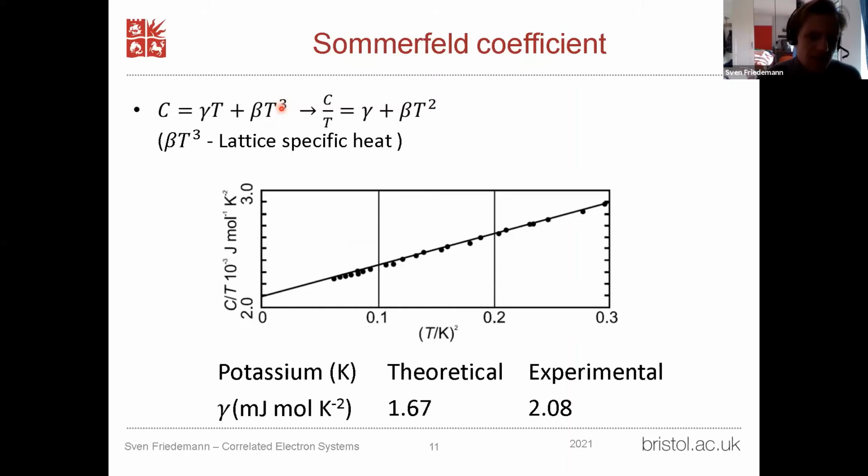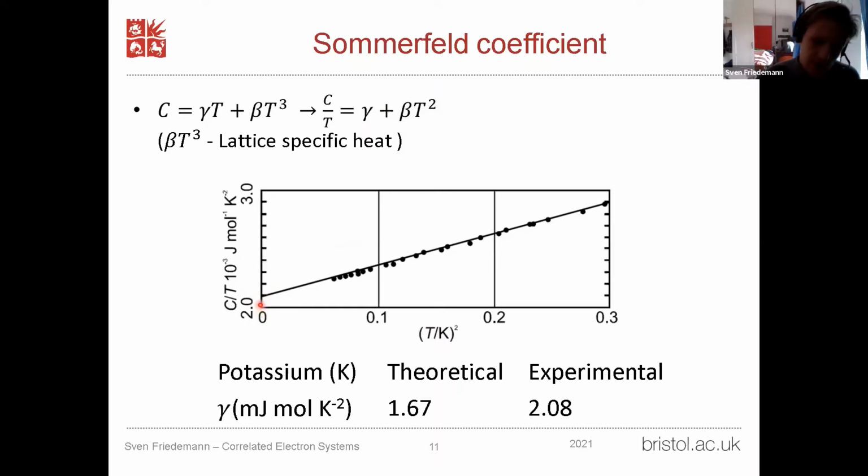And hence, by dividing this whole equation by temperature, you'll get C over T equal to some constant plus beta times T squared. So making this plot of C over T versus T squared gives you an intercept and a slope.